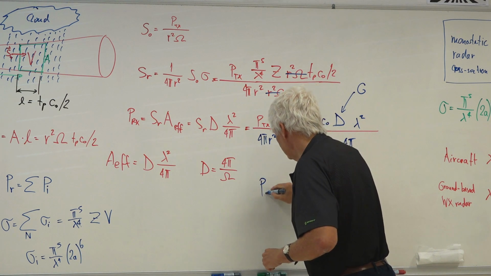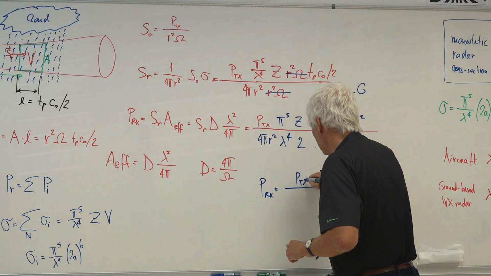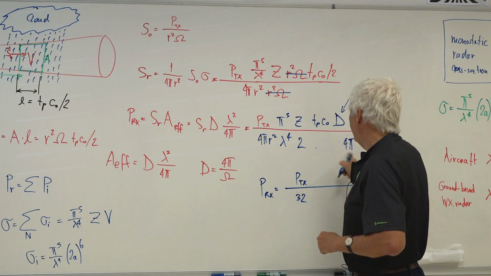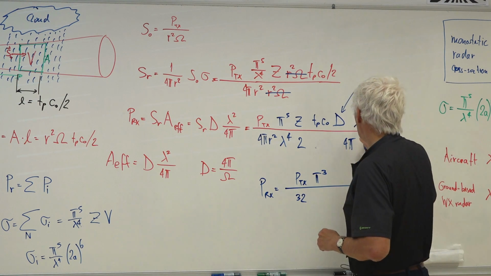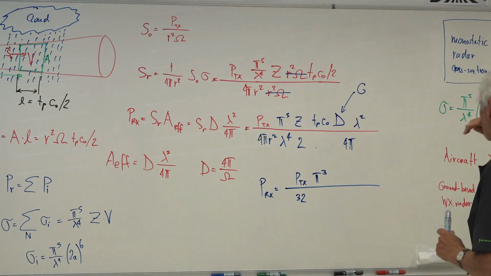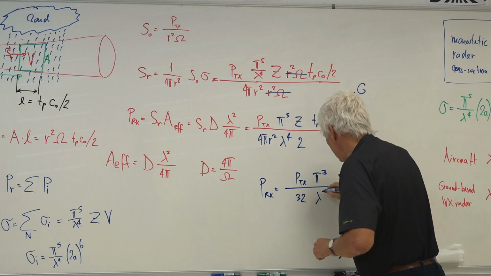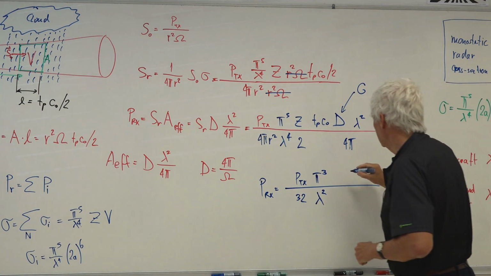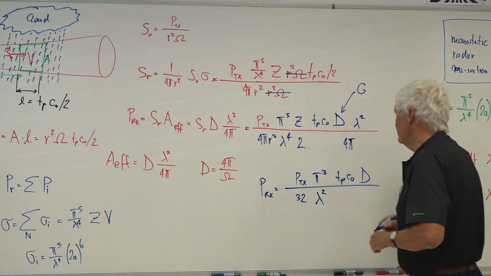So P in the receiver is the power in the transmitter, I have here 32 pi squared, pi to the 5th is pi to the 3rd power, lambda, oh, I forgot here, lambda squared, directivity, t pulse, c0, directivity.